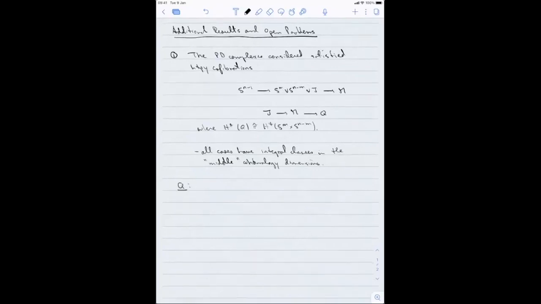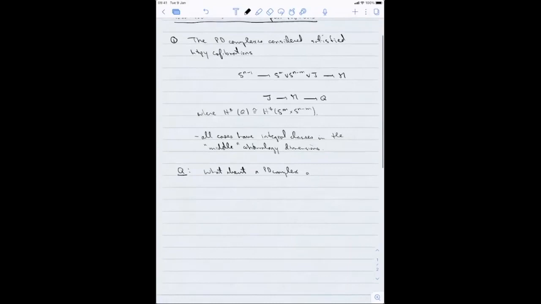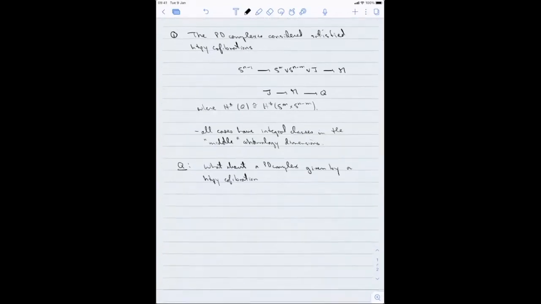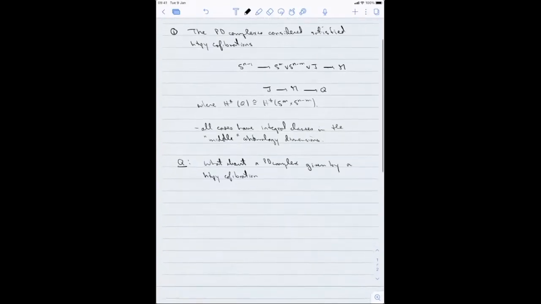So what if you had a Poincaré duality complex given by a homotopy cofibration, where all the homology in the middle degrees is torsion? There are no integral summands at all.